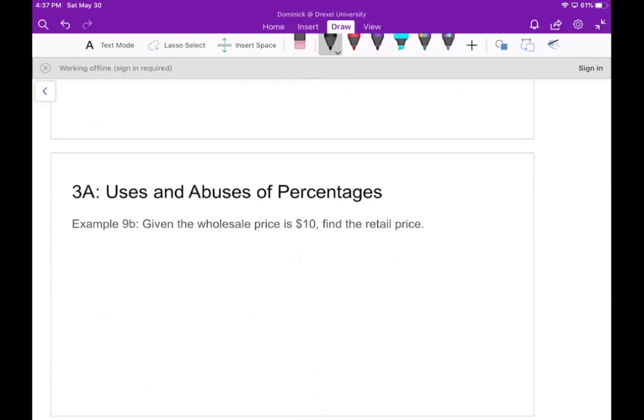So for example, if we're given that the wholesale price is $10 and we know that the retail price is 125% or 1.25, then we can find that the retail price is going to be 12.5 or $12.50, right?